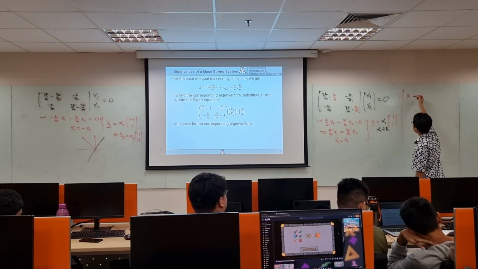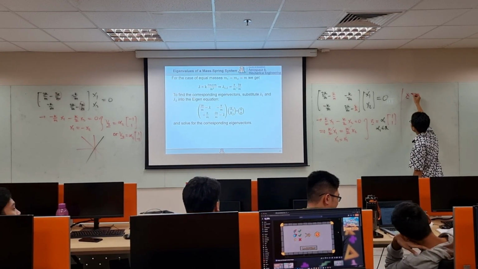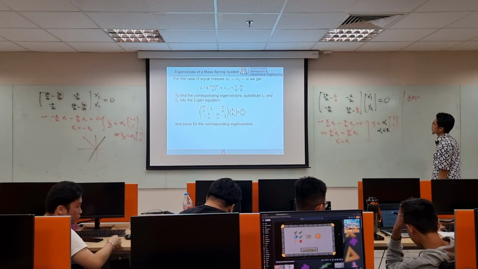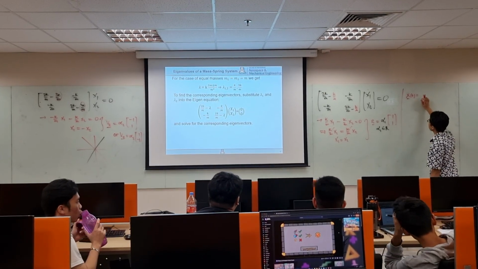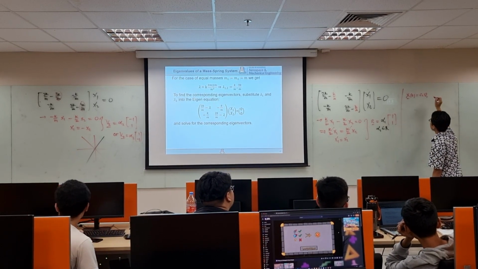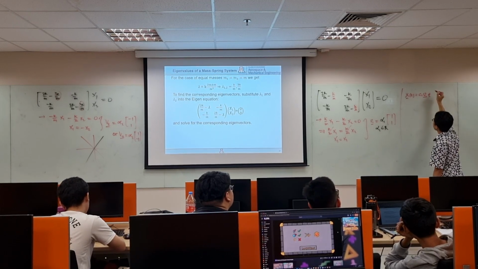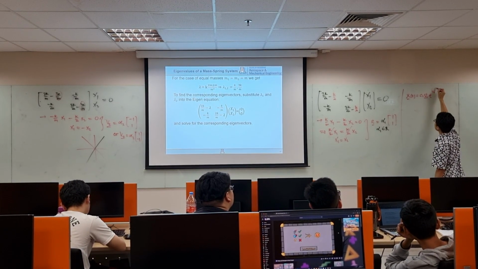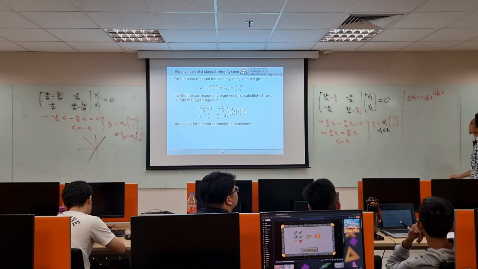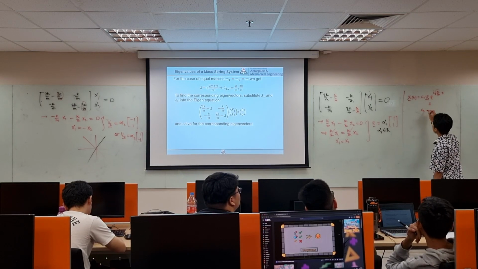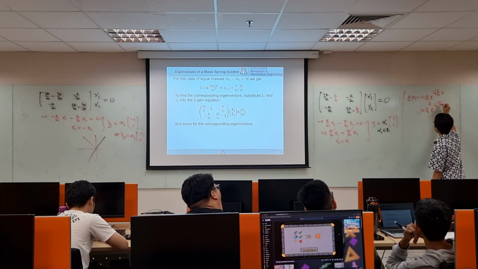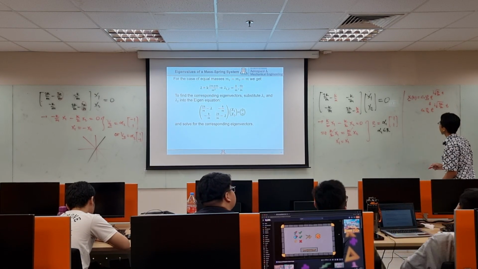The solution x(t) will be c1 v1 e to the i square root of k over m times t, plus c2 v2 e to the i square root of 3k over m times t.